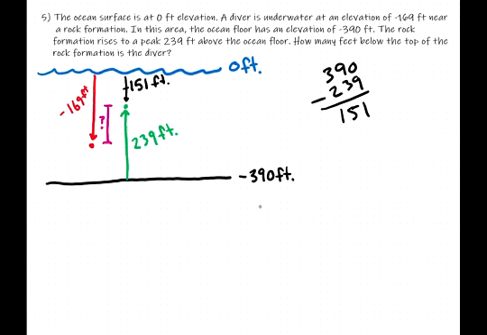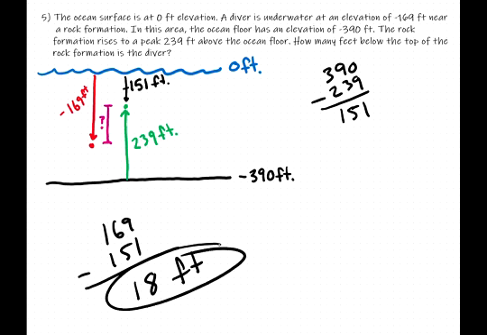Well, what's the difference between being down 169 and down 151? The difference between those two numbers is 18 feet. So the distance between the diver and the top of the rock is, in this case, 18 feet.